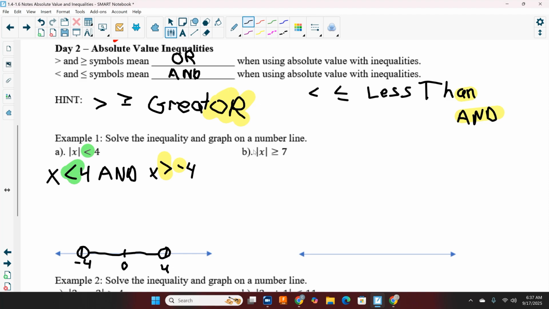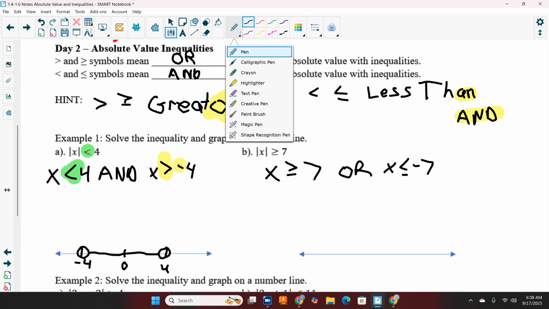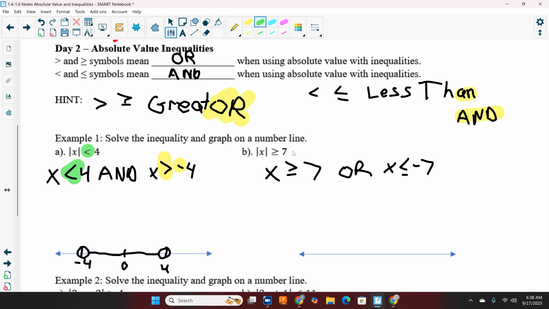Okay, the absolute value of x is greater than or equal to 7. Again, you're going to rewrite your first one exactly as is, just taking out the absolute value. X is greater than or equal to 7, or x is less than or equal to negative 7. With my original inequality, we're keeping the inequality symbol the same.